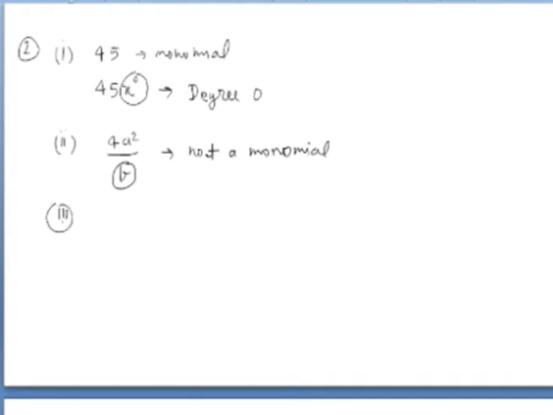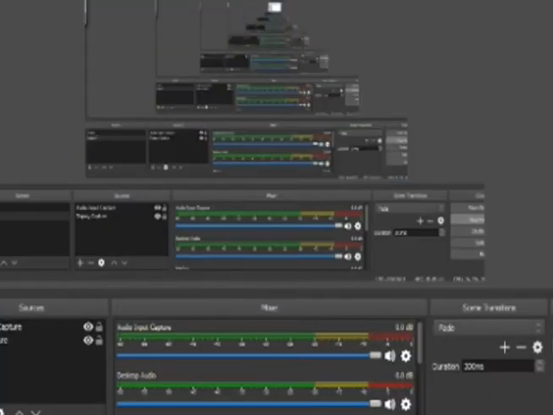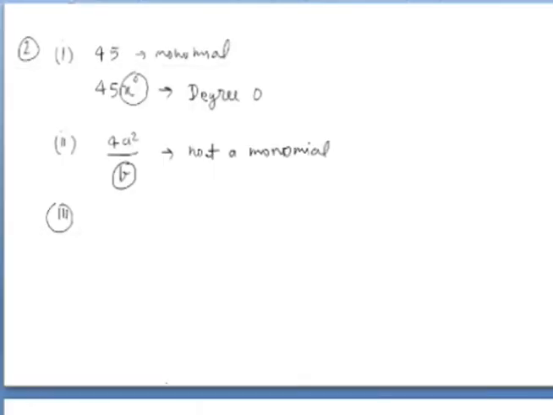Okay, and the third question is 42 x to the power 1 by 4. So this is also not a monomial. Why is this not a monomial? Because the power is not a whole number, it is a fraction.